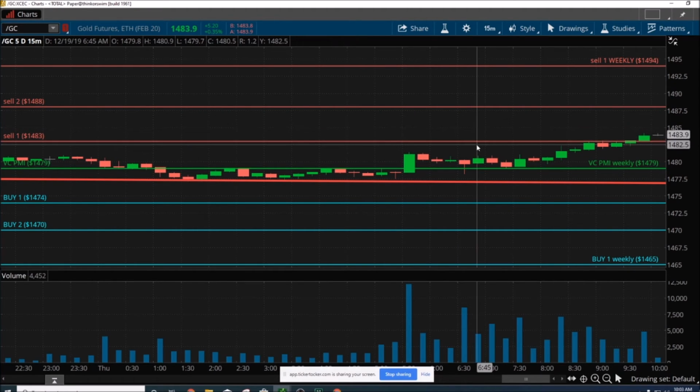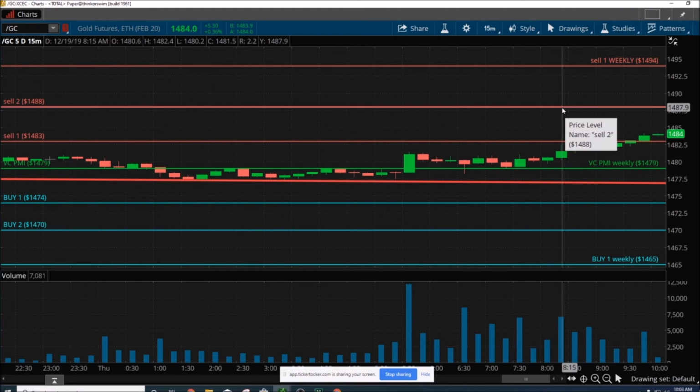And so what I'm doing here as a self-directed trader is I'm using these pivot points to lock in profits. On the daily from 79 to 83, that's a $4 profit. If you have multiple positions, you can sell some more at 1488. That's another $400, $500 profit that you lock in.